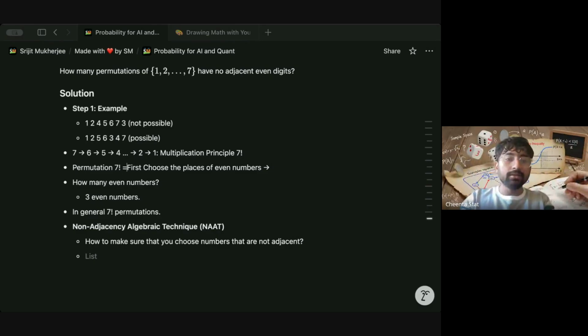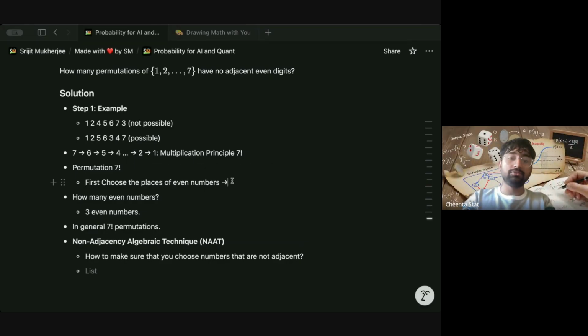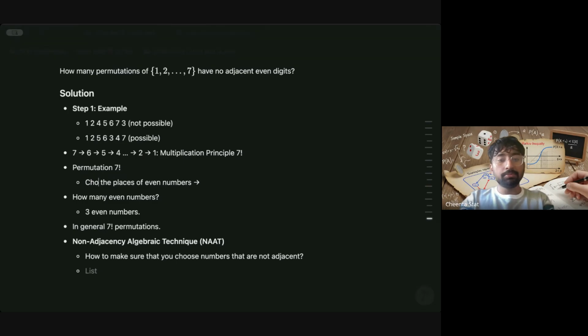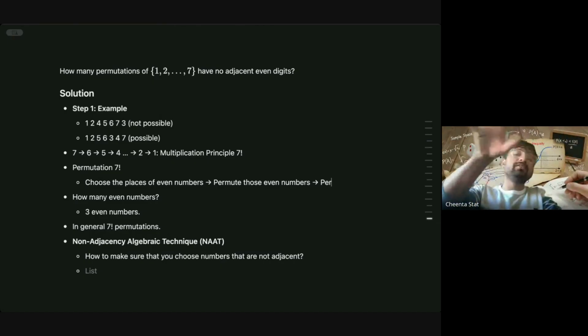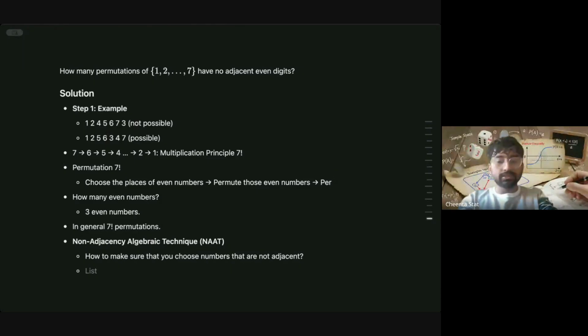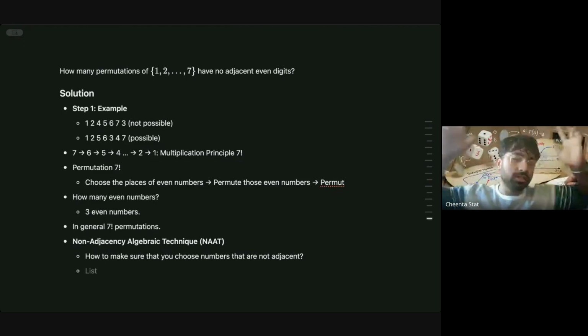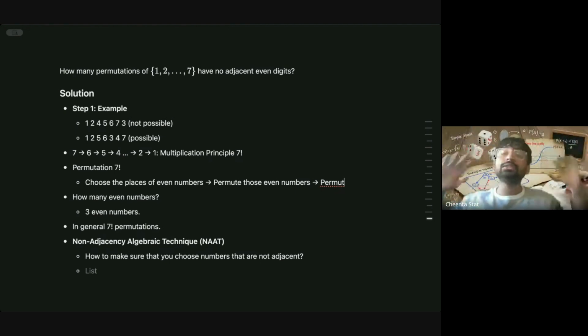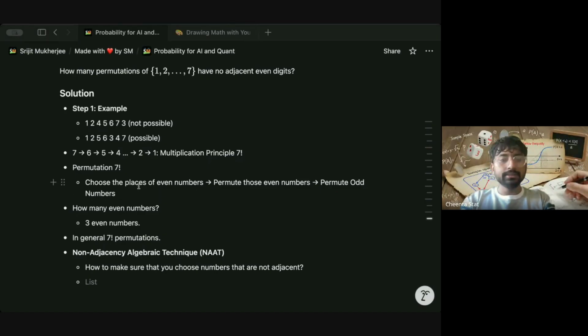This can be step number 1. So 7 factorial can also be got by first choosing the places of the even numbers, then permuting those even numbers, and then, because if you choose the places of the even numbers, automatically the places of the odd numbers are fixed, whatever is left is odd numbers. You just have to permute the odd numbers now. So these are the 3 steps.